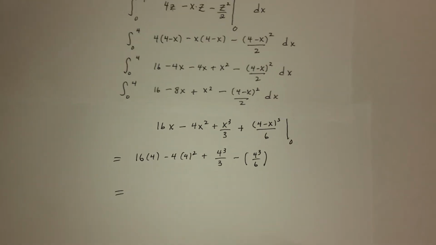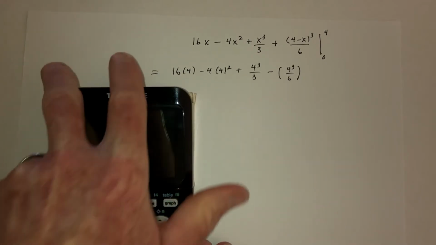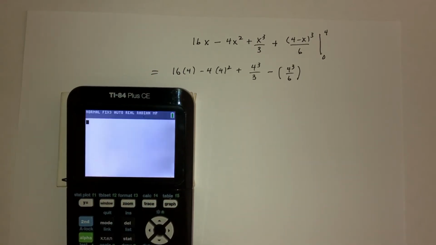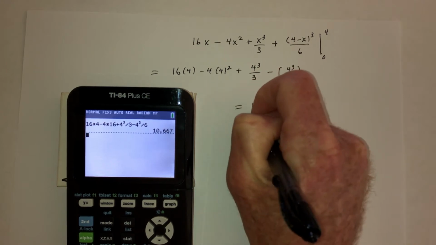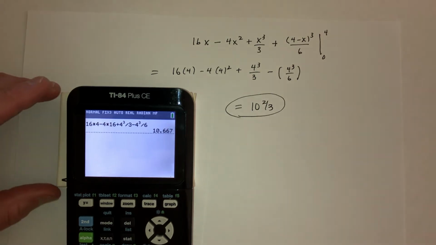So how much does all of that equal? We've got 16 times 4 minus 4 times 16 plus 4 cubed divided by 3, and then minus 4 cubed divided by 6. And the grand total is 10 2/3, or 10.667.